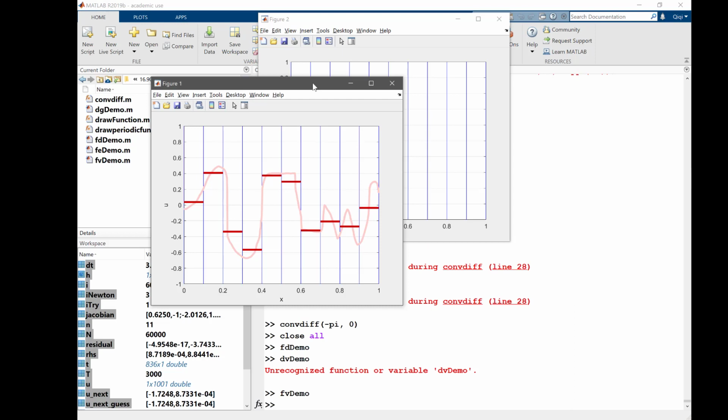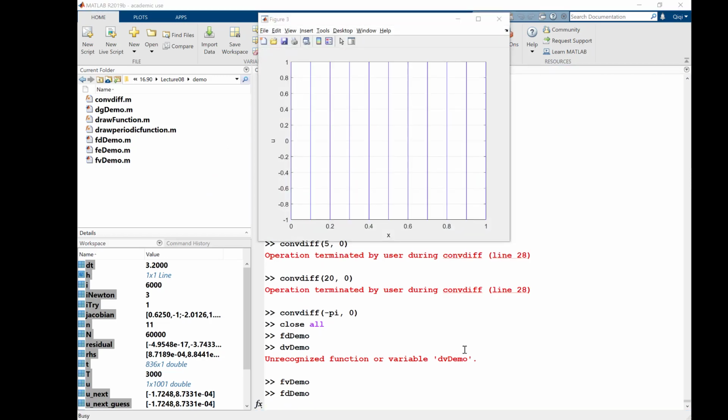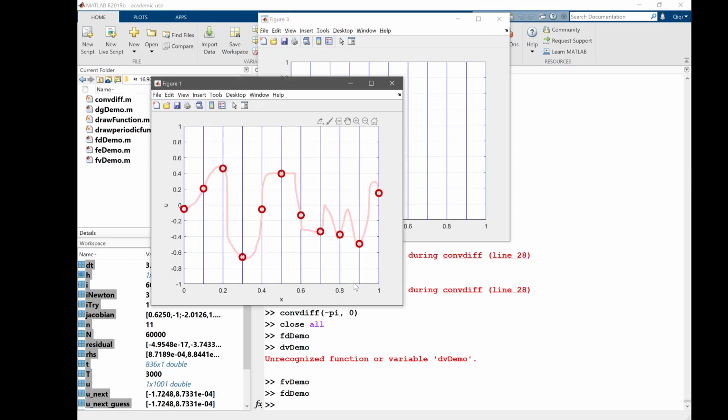Finite volume focuses on the segments and keeps track of the average in the volumes, while finite difference forgets about what's in between the points and keeps track of only the information on the points.